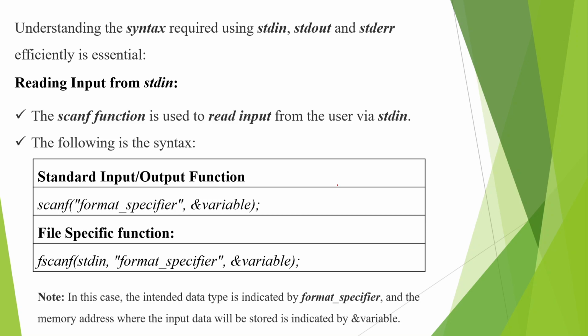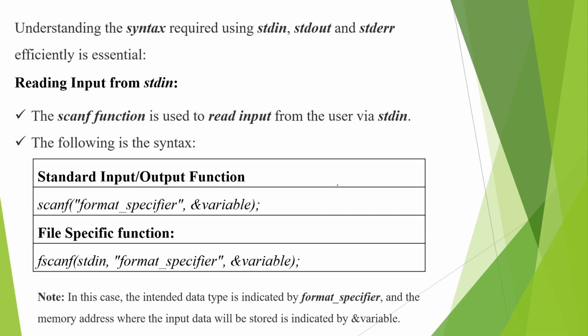As I said, your standard in, stdin, is used to read the input from what we call the input device. The standard input device is the keyboard, so to read the input from the keyboard, we use stdin.